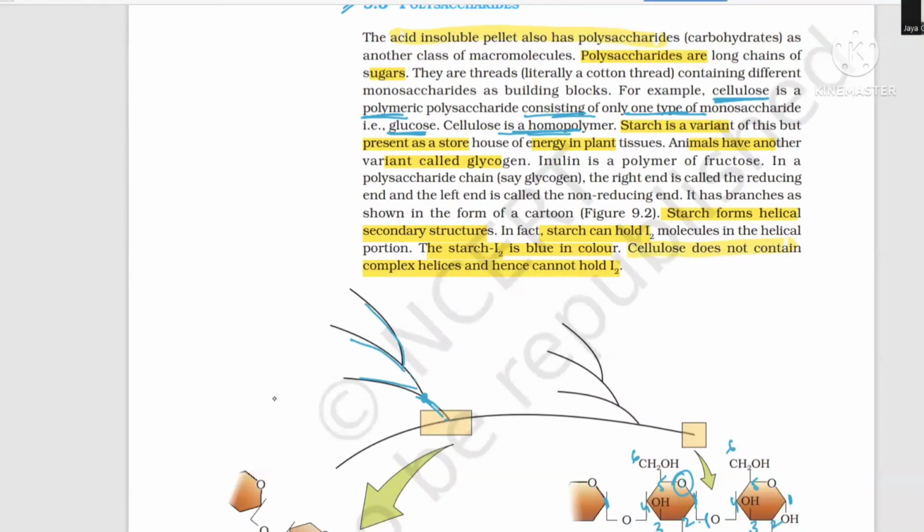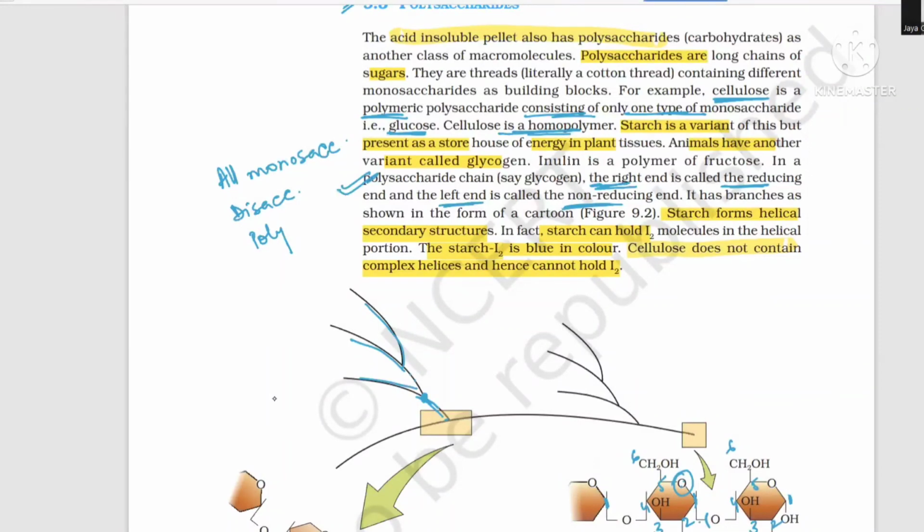In case of the polysaccharide, the right end is the reducing end and the left end is the non-reducing end. Please remember, all monosaccharides are reducing sugars, and disaccharides are reducing sugars. And in polysaccharide, the right end is reducing, the left end is non-reducing.